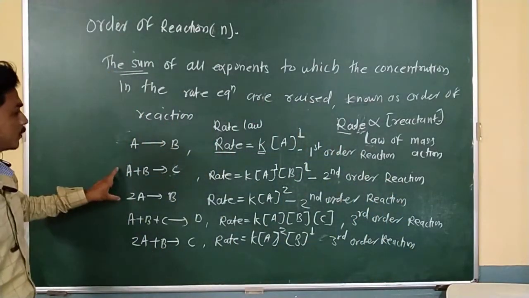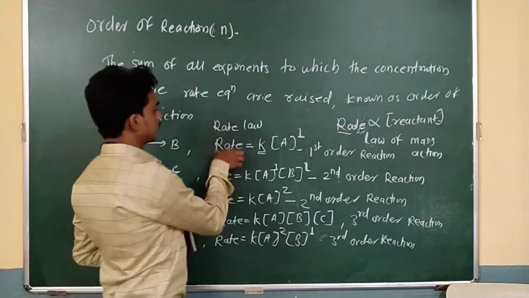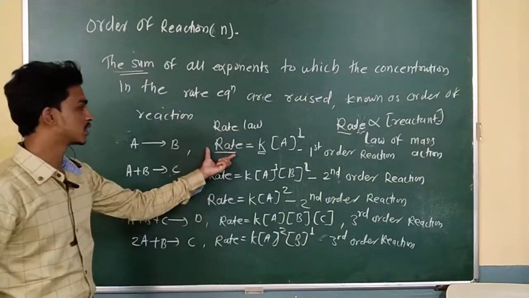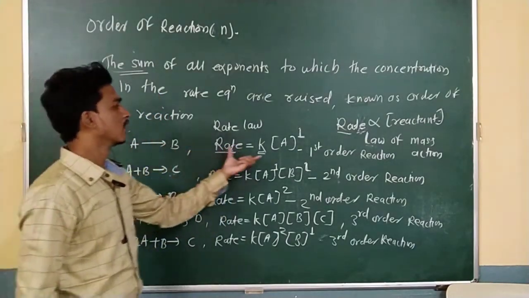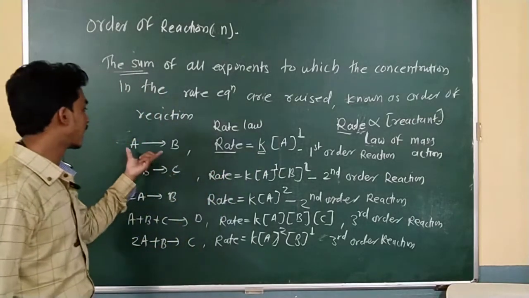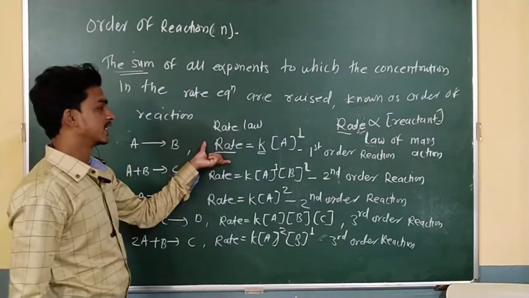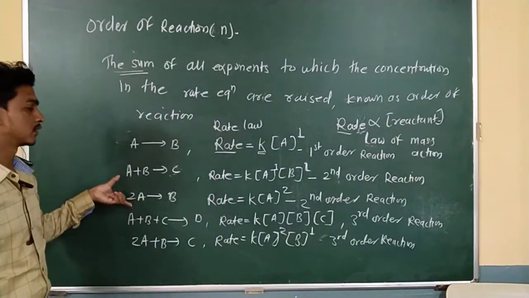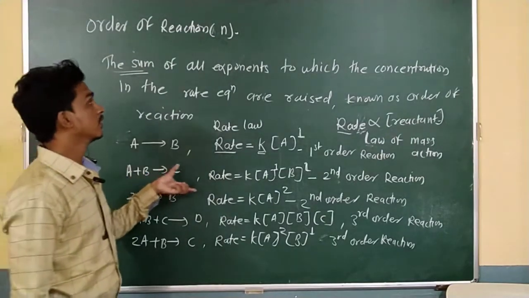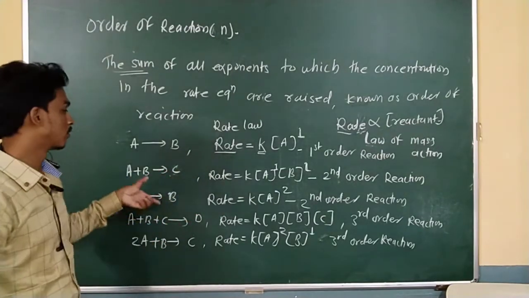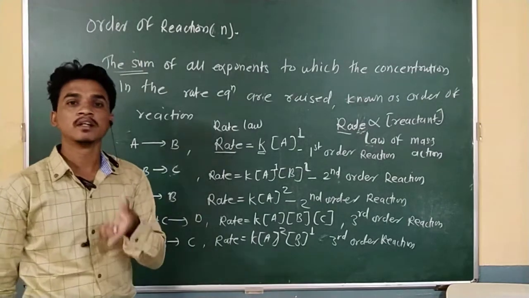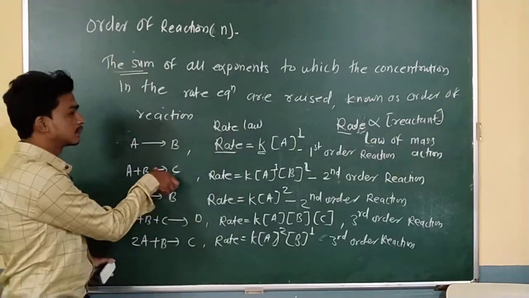So by the definition, we can identify the order of chemical reactions from the rate equations. The order of any chemical reaction can be identified from the rate equation. This is an experimental property. You cannot define theoretically whether the order is first or second. This is determined by experimental conditions.